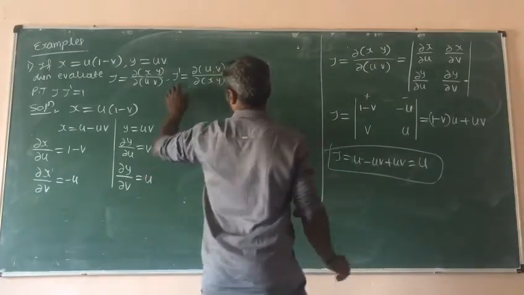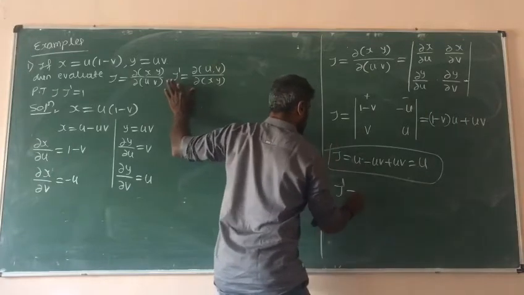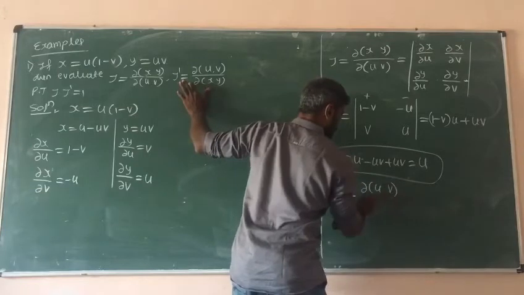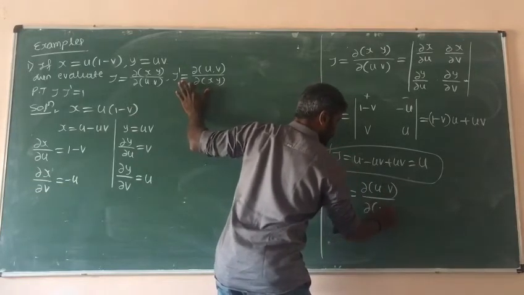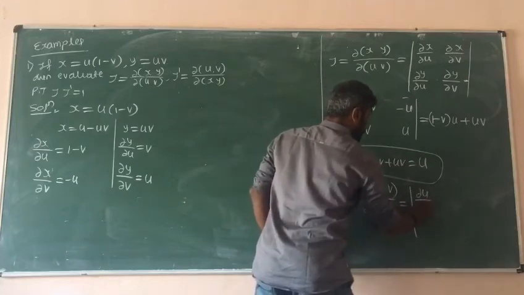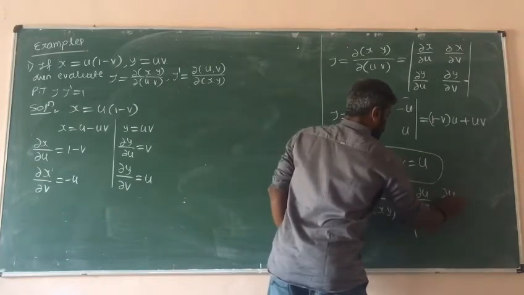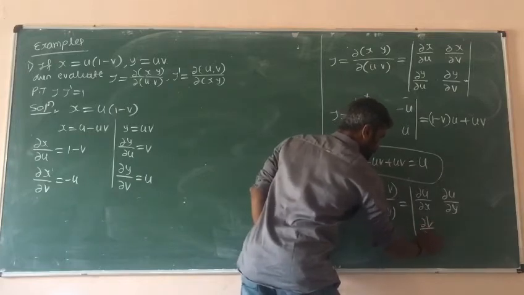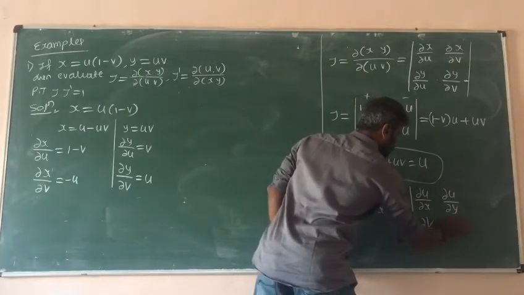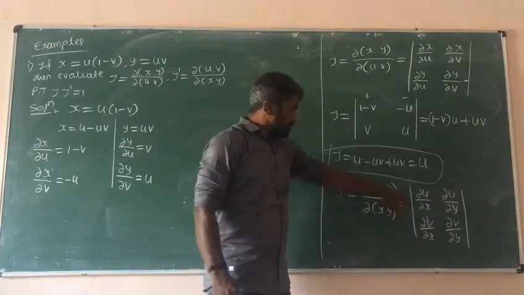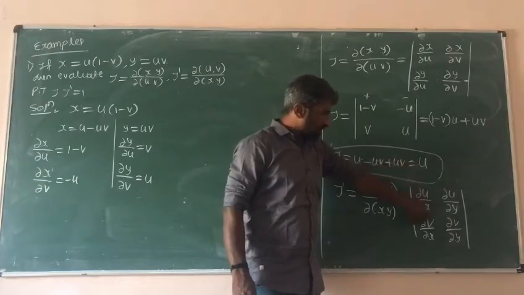Similarly, find J dash, which is equal to ∂(u,v) divided by ∂(x,y), right? That is equal to the determinant of ∂u/∂x, ∂u/∂y, then ∂v/∂x, then ∂v/∂y, right? So we need the functions u and v with respect to x and y.